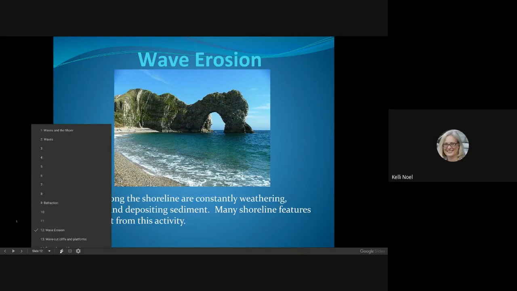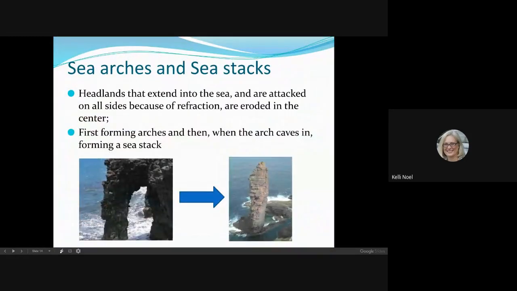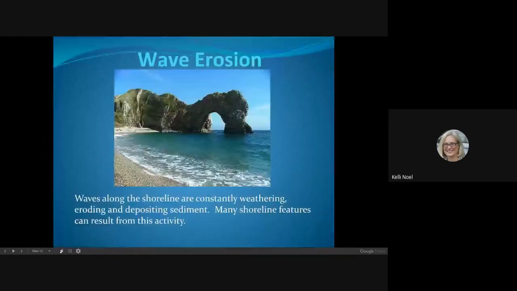All right, we're probably gonna stop right there. Get to where you see this slide, which says wave erosion transition. We'll start there tomorrow and finish up with a repeat of some of the things we've already talked about.